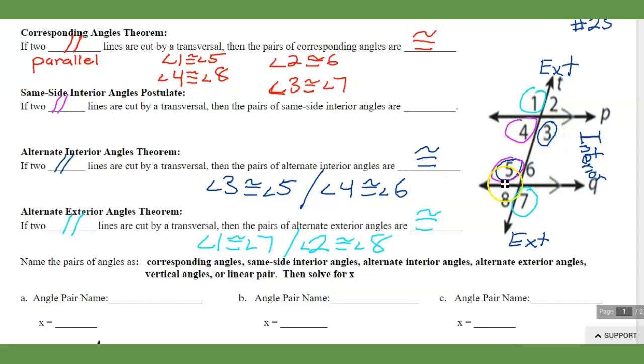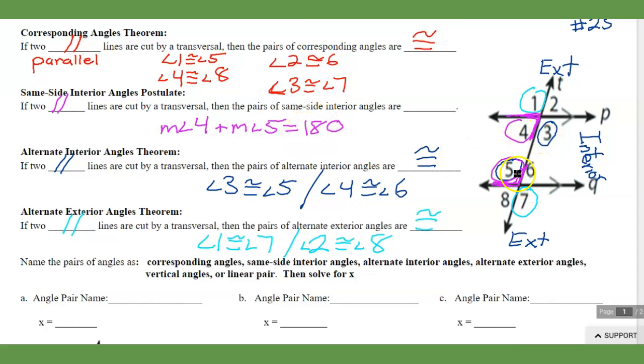Now, are these congruent? Yeah, this is an obtuse angle. 5 is obtuse, clearly, and 4 is acute, clearly, right? Just by looking at the picture. There's no way they're congruent, right? So our other option, if they're not congruent, is going to be supplementary. So we're going to say the measure of angle 4 plus the measure of angle 5 is 180.